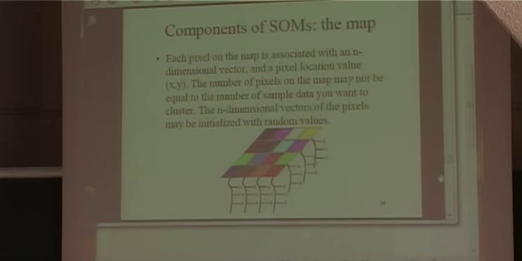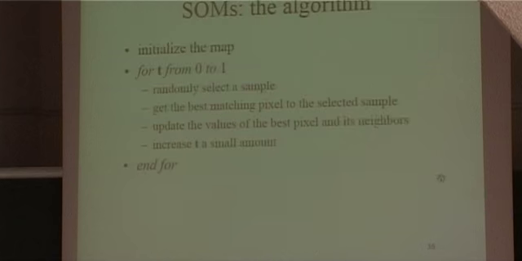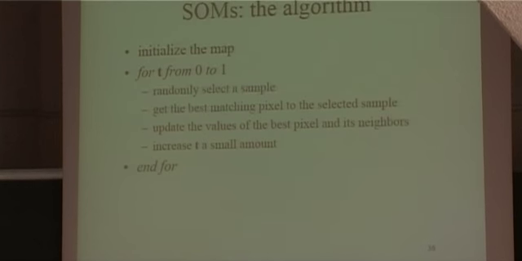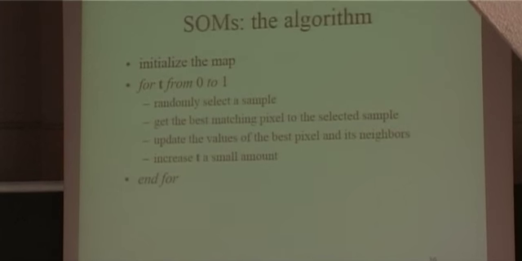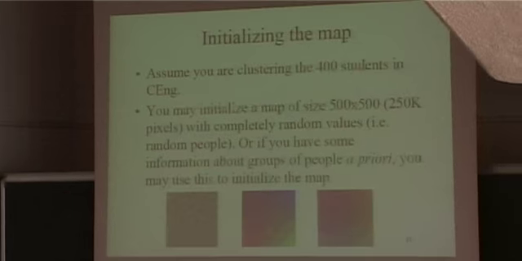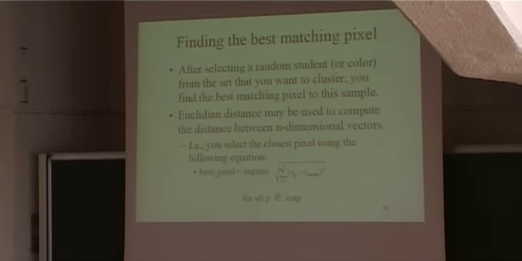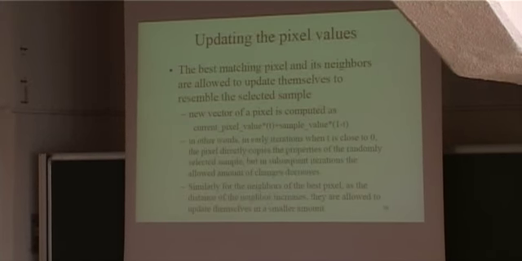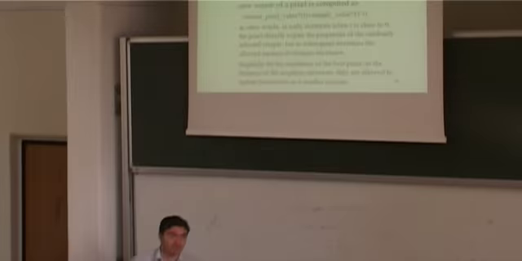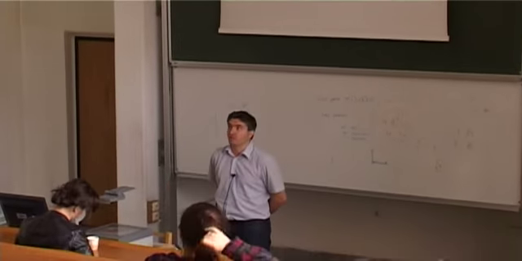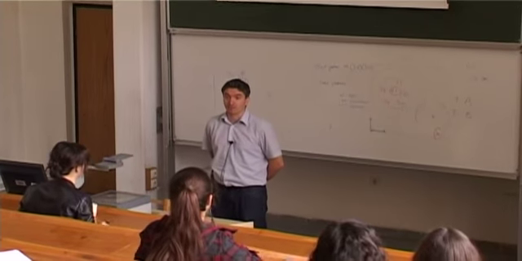I'm going to talk about the mathematical details of it. I mean, how do we, for example, this is the algorithm, how do we make this effect? How do we make a pixel resemble ourselves? I'm going to talk about some distance measures, a way to update the pixels, in the first 10 minutes of the next lecture. And next week we are going to finish this course with biological networks.